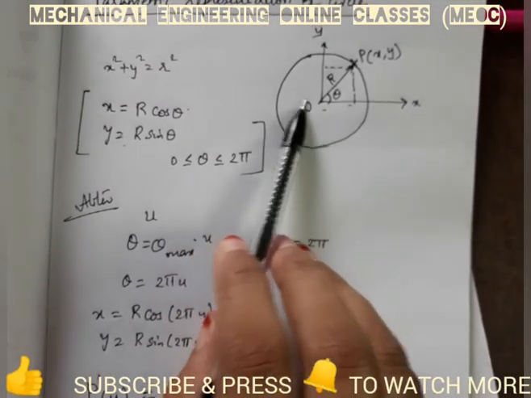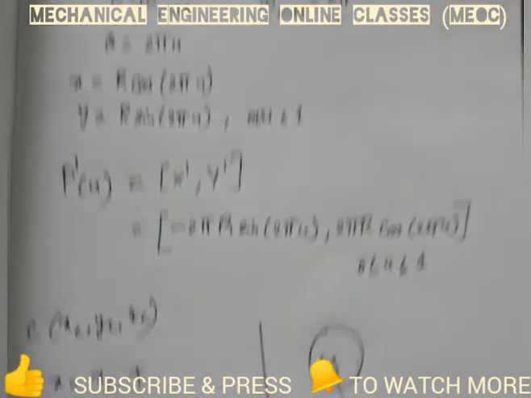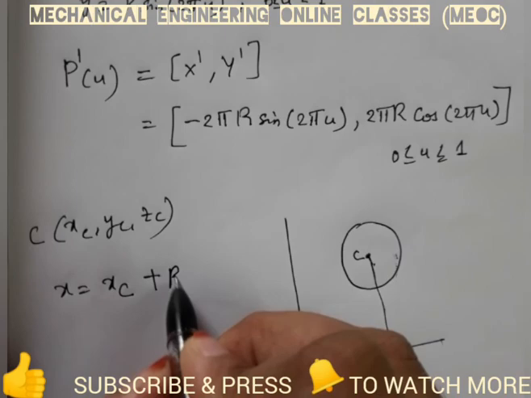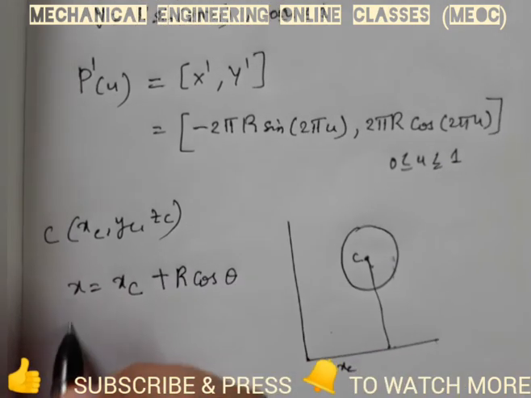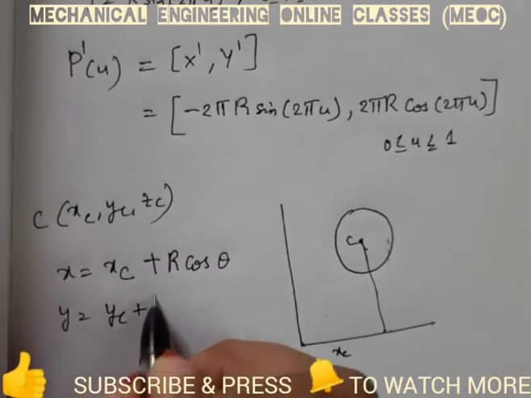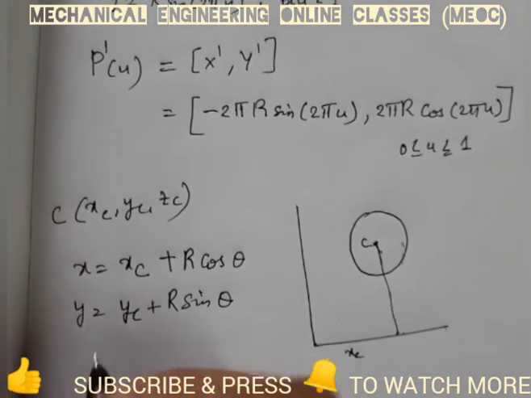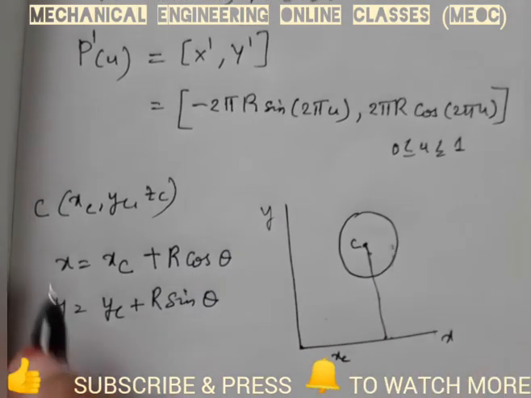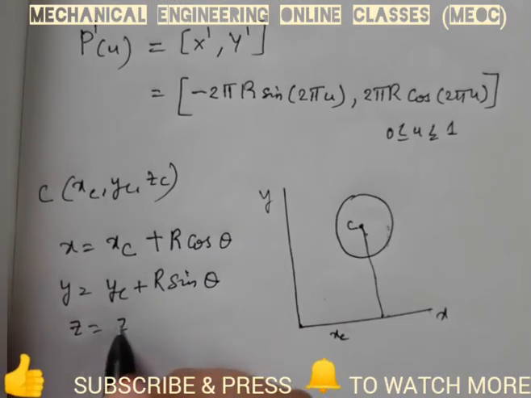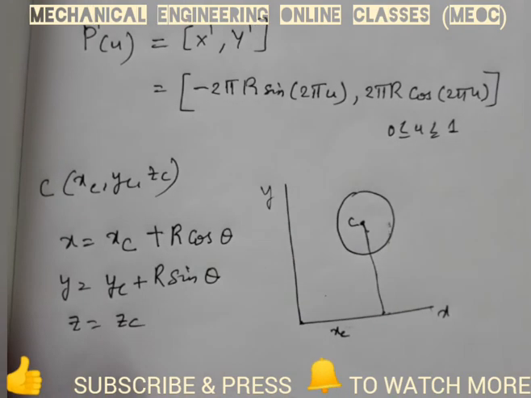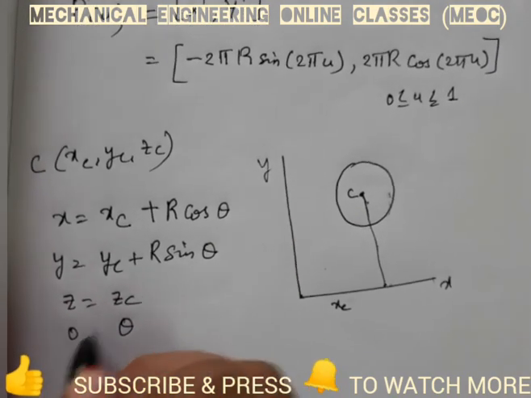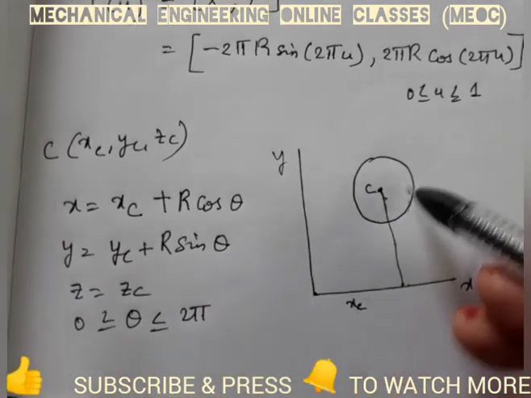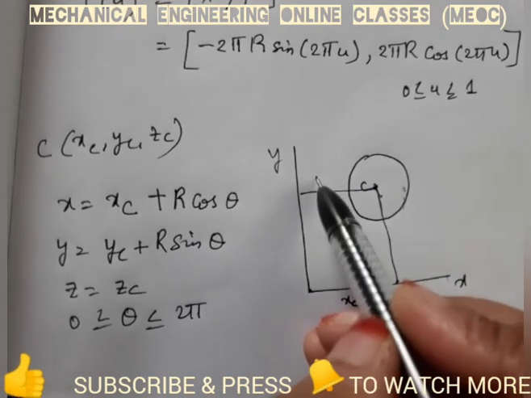Here, when the center is at the origin the distance is 0 plus r cos theta, but now there is xc plus r cos theta. Similarly, y is yc plus r sin theta, and the value of z, since this is considered to be in the xy plane, will be equal to zc. This is not changing, and theta ranges from 0 to 2 pi. So this is the case when the circle is away from the origin. It is at a distance from the origin.